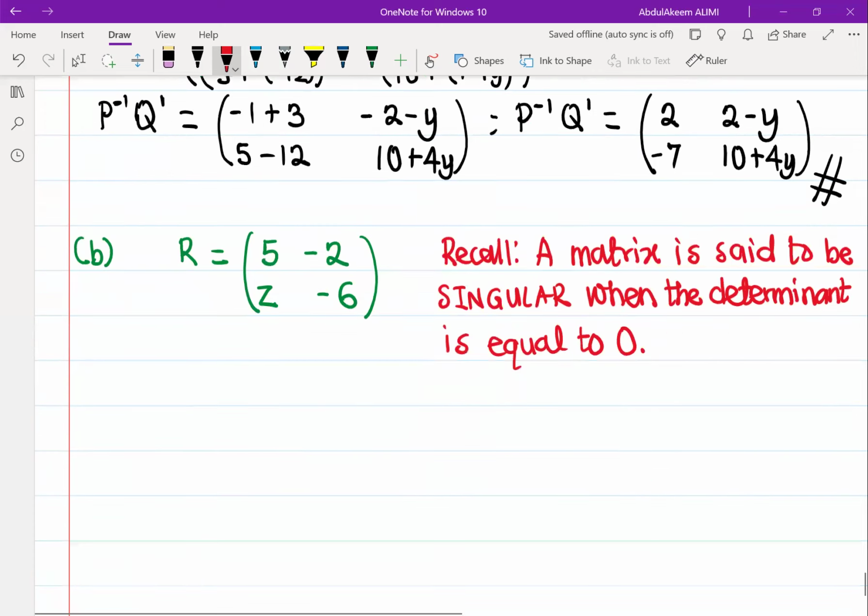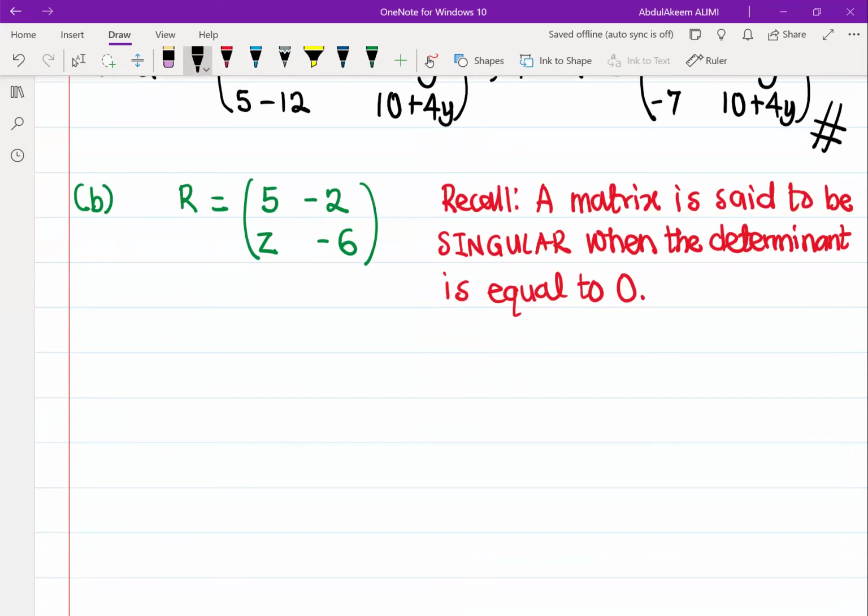So what do we have here now? That means we have it that the determinant of matrix R is equal to 0. That is why it is a singular matrix. So let's solve now.